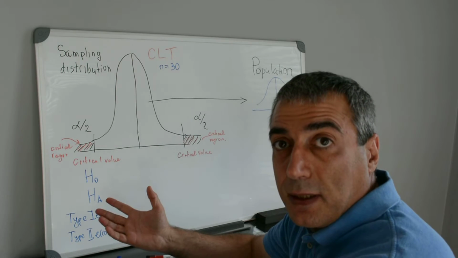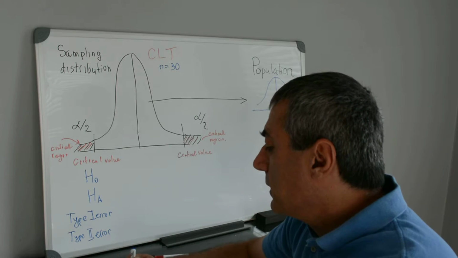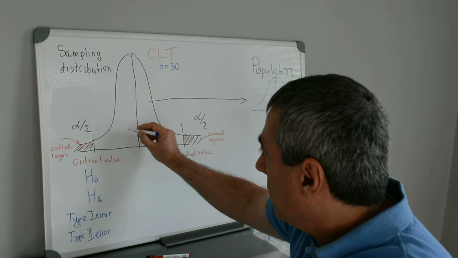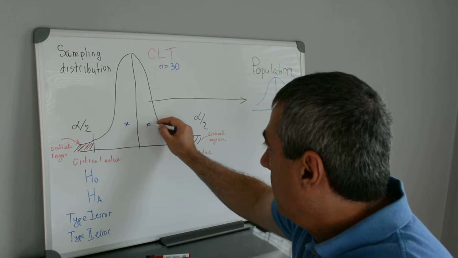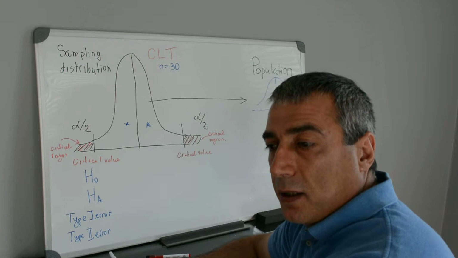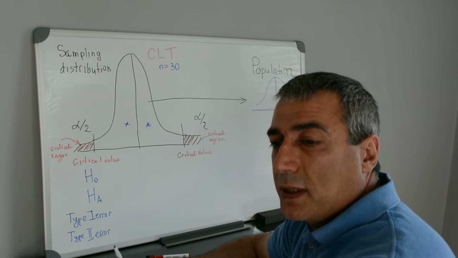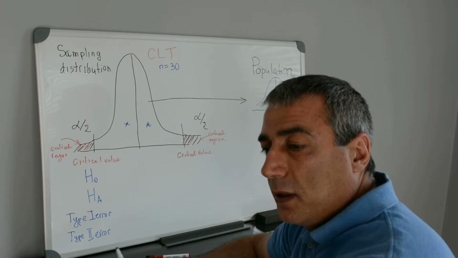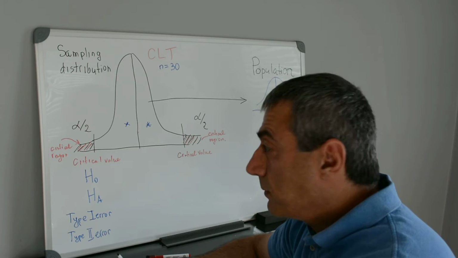We calculate the test statistic, and if it falls substantially close to the sample mean, we have a good reason to assume that the hypothesized parameter is true.